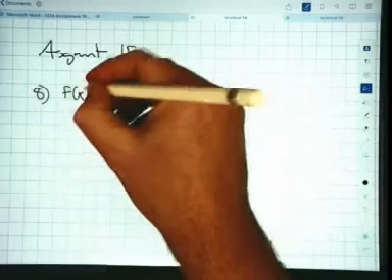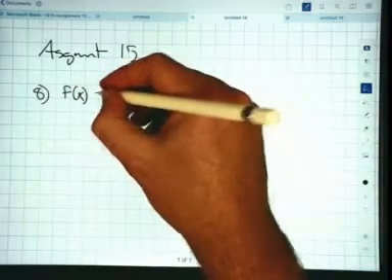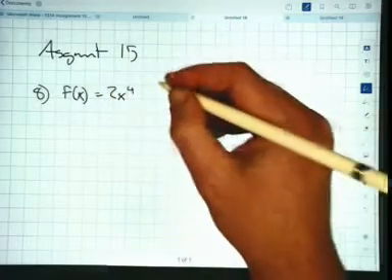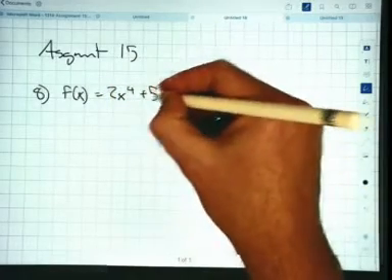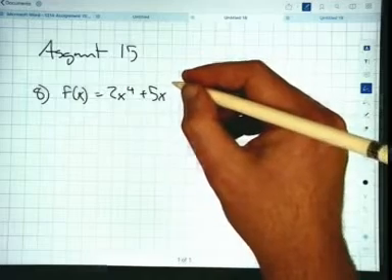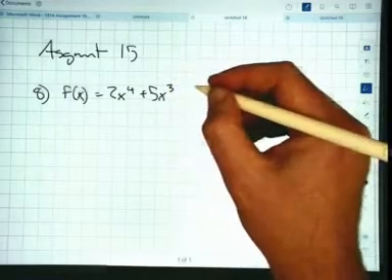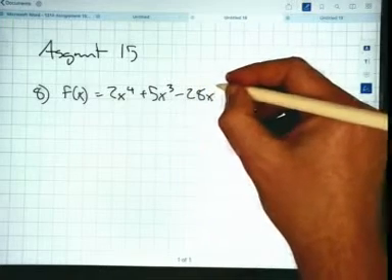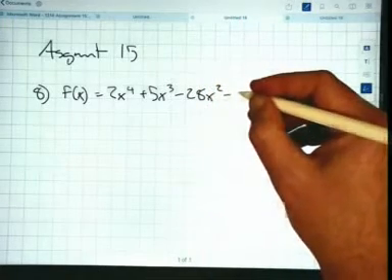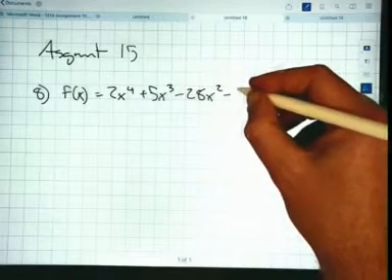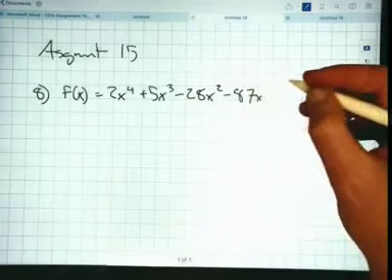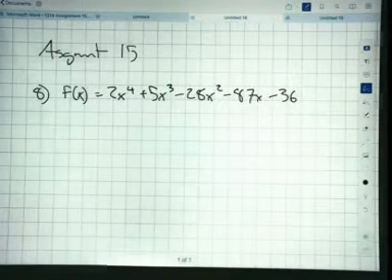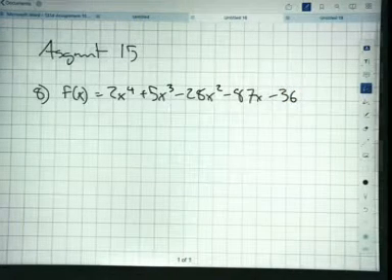We had the function f of x is equal to 2x to the fourth plus 5x cubed minus 28x squared minus 87x minus 36. Woo! That looks like a doozy. Alright, let's see what we can do with this.